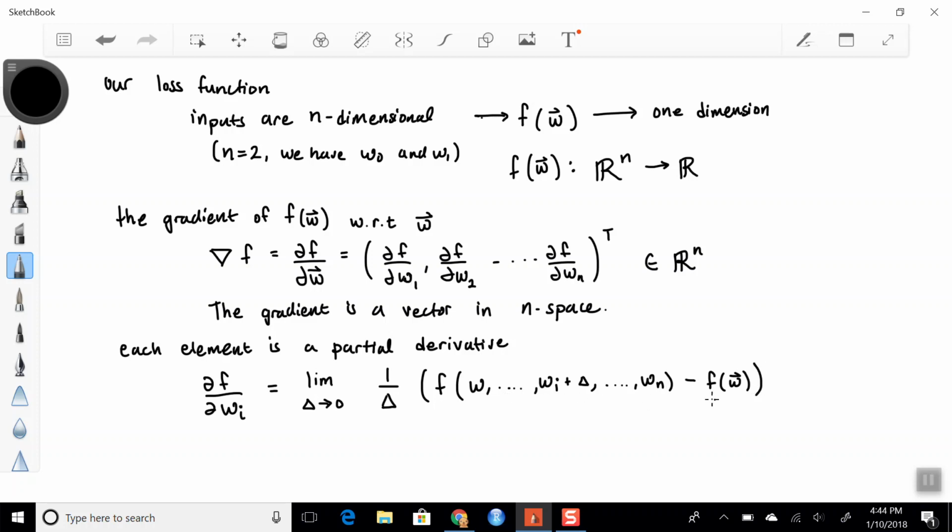Okay, so it's basically all the components of w, but you've perturbed one of the elements ever so slightly, and you want to see how that affects the function. So you're just adding a tiny delta to just one of the things, and the amount the function changes, as that delta gets smaller and smaller, is going to be your partial derivative.